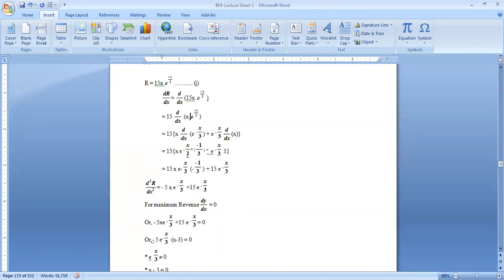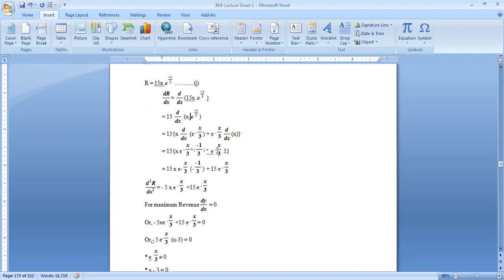But we have to multiply with the coefficient of x. The coefficient of x is minus 1 by 3, so we multiply with minus 1 by 3. Then plus e to the power minus x by 3 into differentiation of x, which is 1.